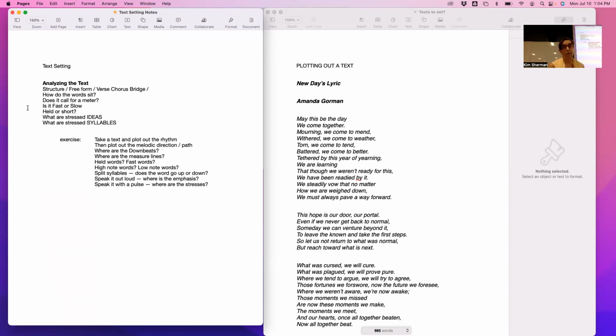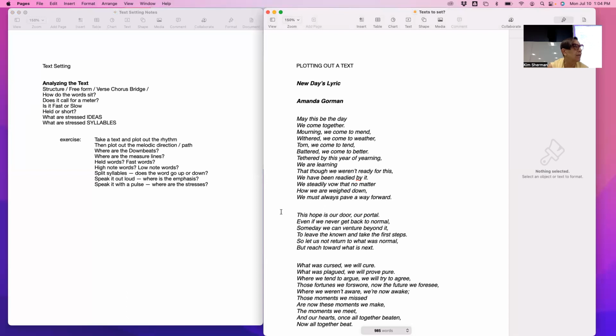So I want to actually plot out some texts and figure out how they work rhythmically. I have a bunch of texts here, and you could even just take a line out of something and we can work with it.